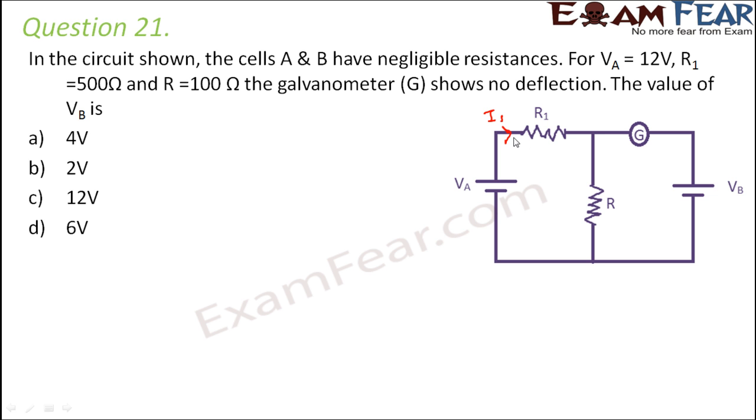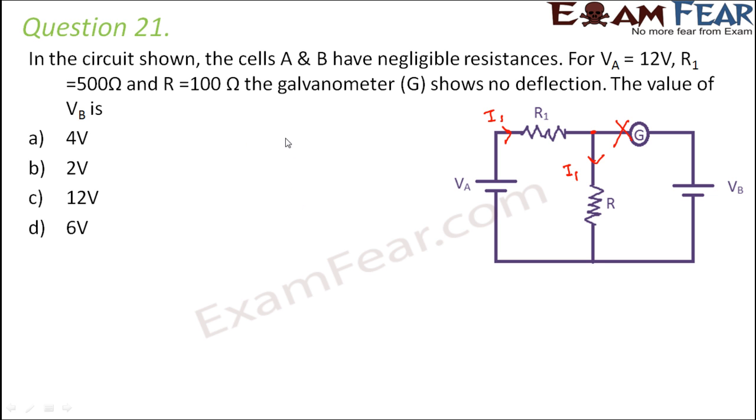That means the moment this current I1 reaches this point, there will be no current flowing through this. That is why the deflection in the galvanometer is 0, right? So the entire current I1 will actually flow through this path, correct? So basically the flow of current would be like this. From here, again, here, and then back to this point. So that is how the current flow would take place in this circuit.